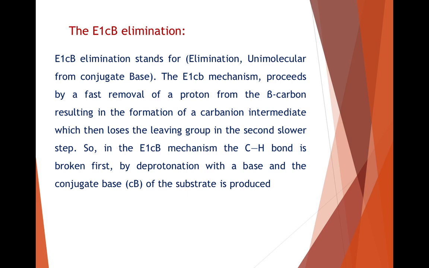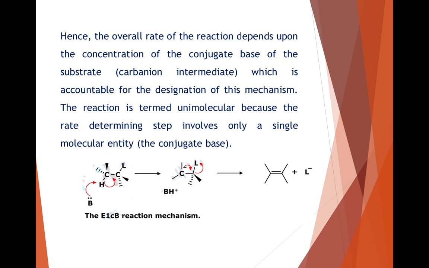The E1CB mechanism proceeds by a fast removal of a proton from the beta carbon, resulting in the formation of a carbanion intermediate, which then loses the leaving group in the second slower step. So in the E1CB mechanism, the CH bond is broken first by deprotonation with a base, and the conjugate base of the substrate is produced.